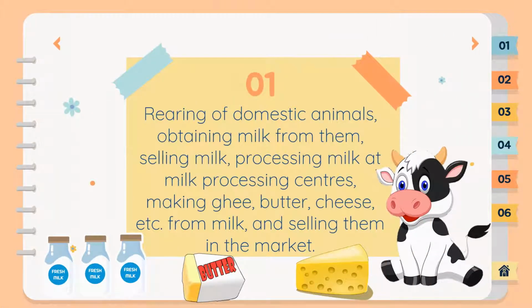Well, students, all of the pictures that we discussed before are related to the rearing of domestic animals, obtaining milk from them, selling milk, processing milk at milk processing centers, making ghee, butter, cheese, Shrikhand, paneer, milk powder, etc. from milk, and then selling them in the market.